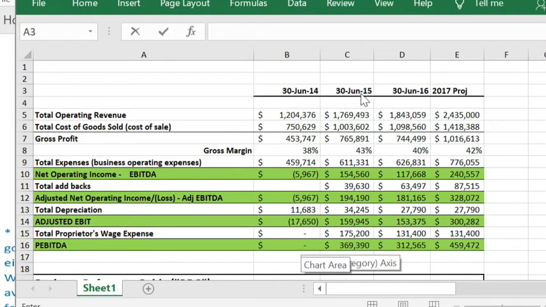So we've got the June 30, 2015 figures, the June 30, 2016, and those projections there. And you'll see that these are pretty similar to the numbers that you saw in the information memorandum, but two noticeable differences here. One is in the workbook, he's actually outlined the add backs.